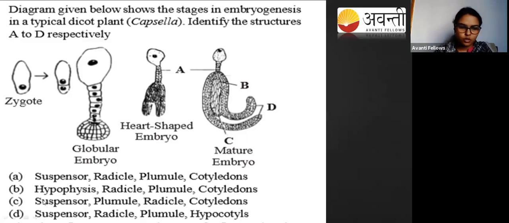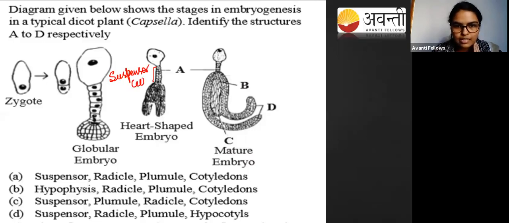I have explained all about embryogenesis or embryogeny in the last class. Today I have asked a very simple question, just taking the picture from the NCERT. Let's see which are these cells. This A represents nothing but the suspensor cells.